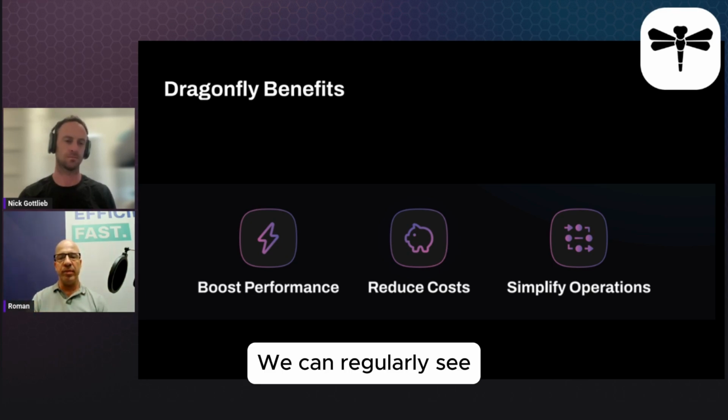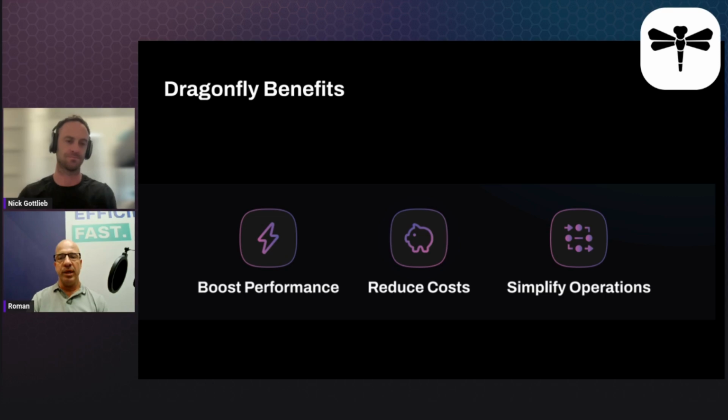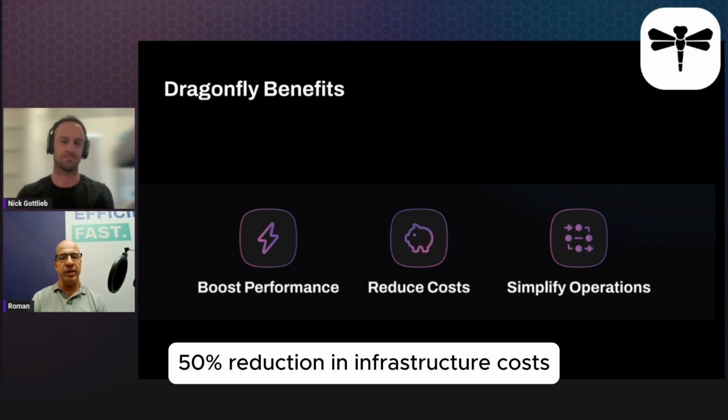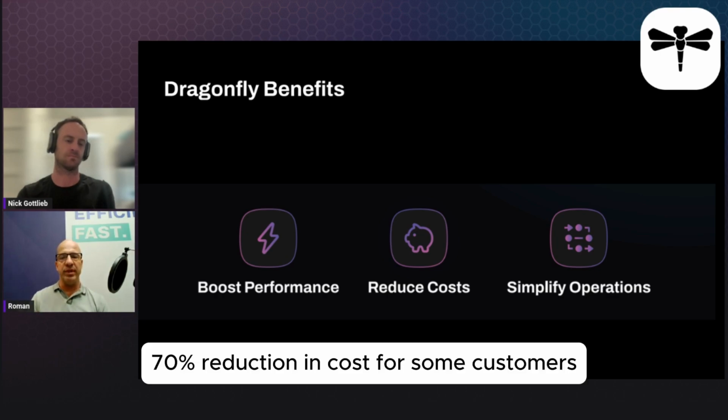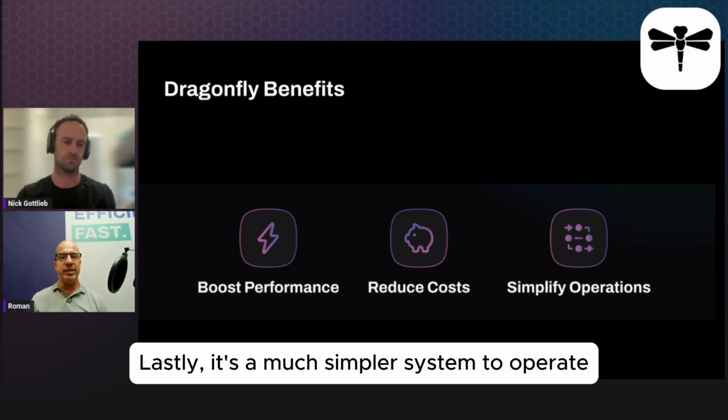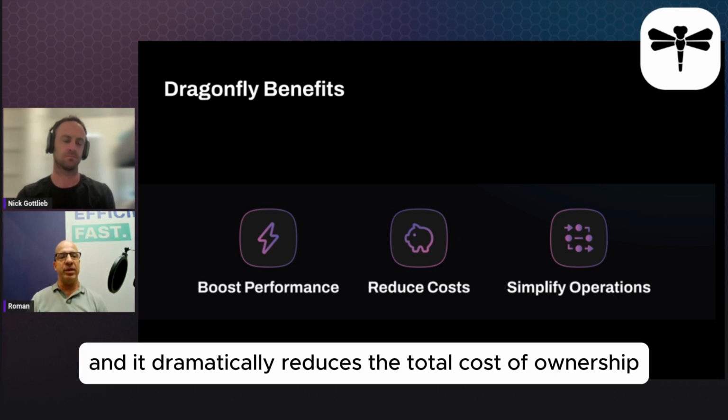We can regularly see a 50% reduction in infrastructure costs when running Dragonfly instead of Redis processes, and we've seen up to 70% reduction in cost for some customers. Lastly, it's a much simpler system to operate, and it dramatically reduces the total cost of ownership.